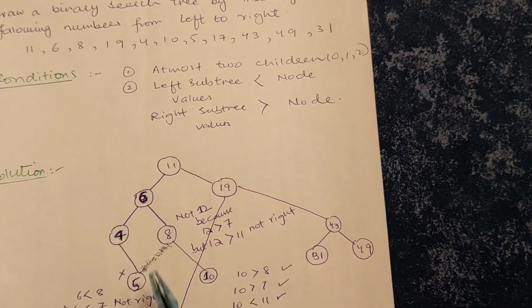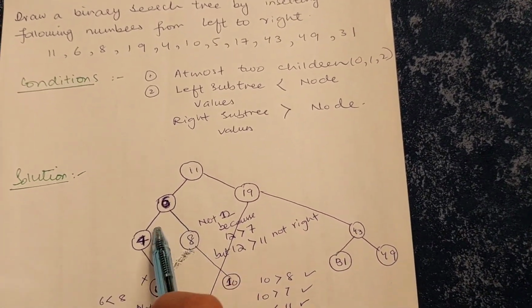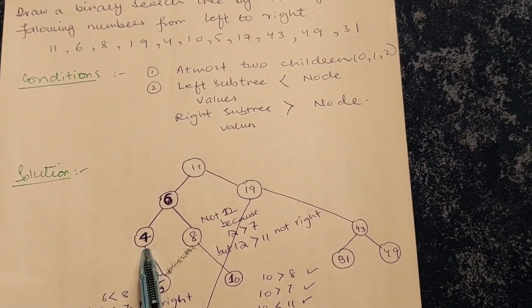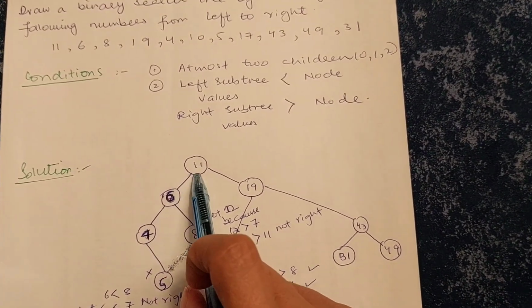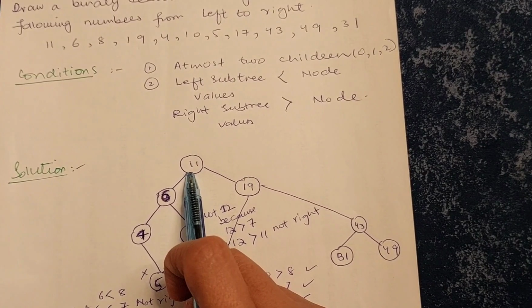So here you can see that you already had a 4 here, so you will start trickling down from the top.